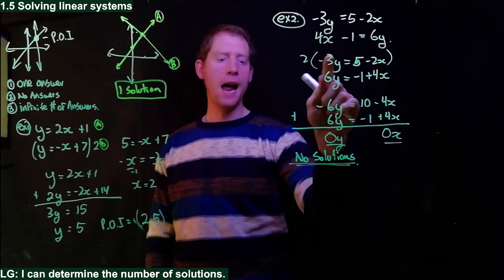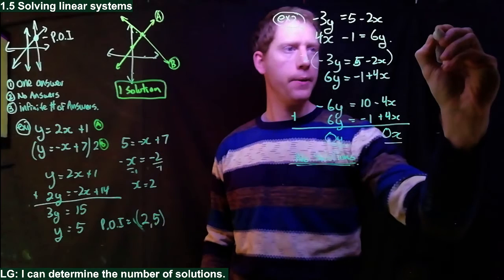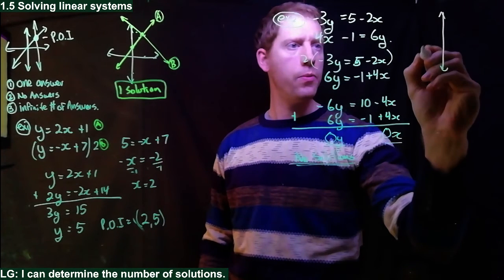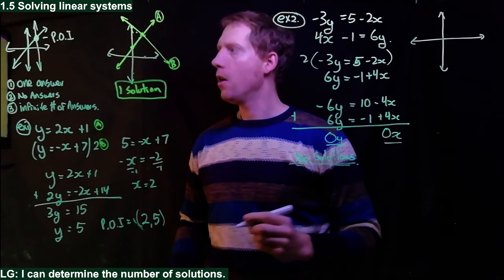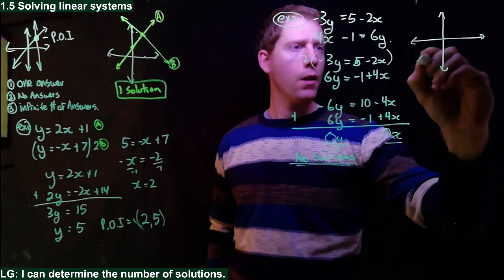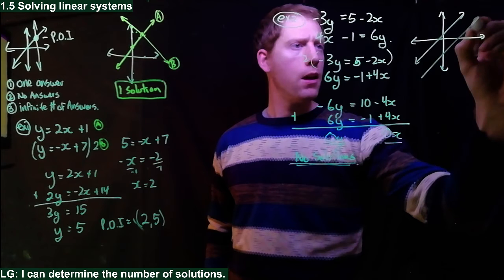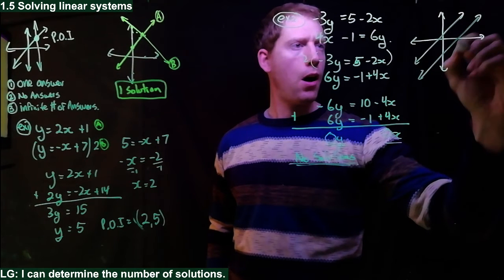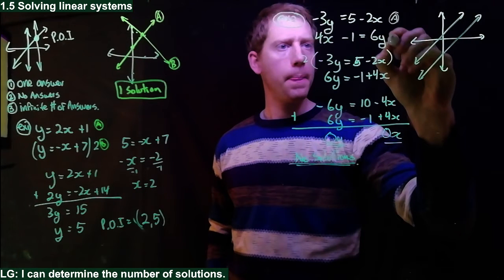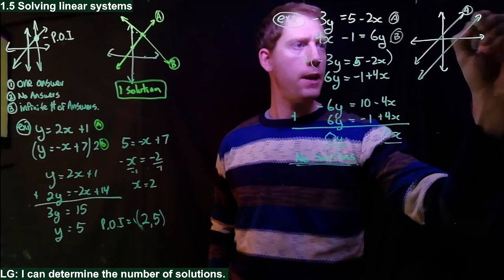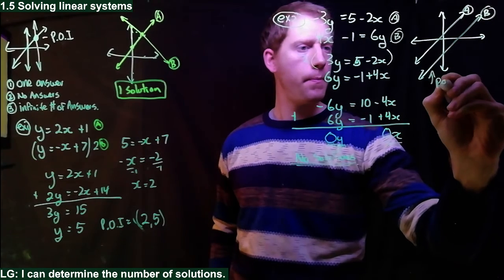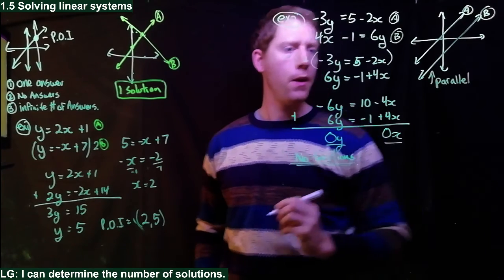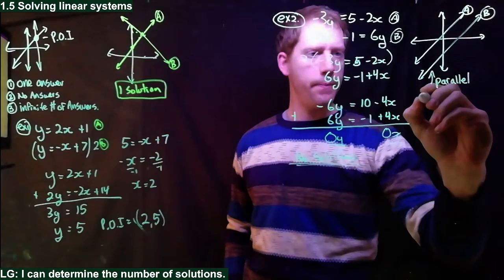If I were to graph this, what would it look like? Why do we have no solutions? Well, the two lines are parallel. Here's A and B. If the two lines are parallel, it means they will never hit.